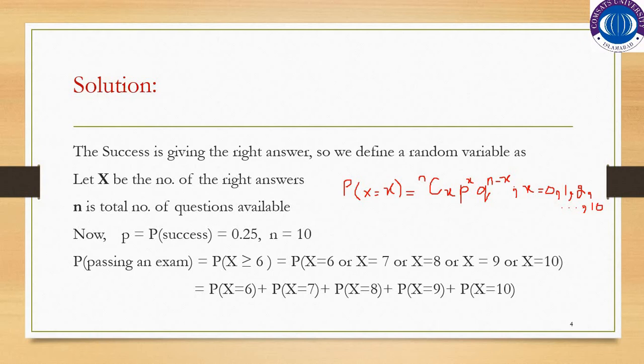There are 10 trials. So by substituting the values as n is equal to 10, you can write it in this way also.